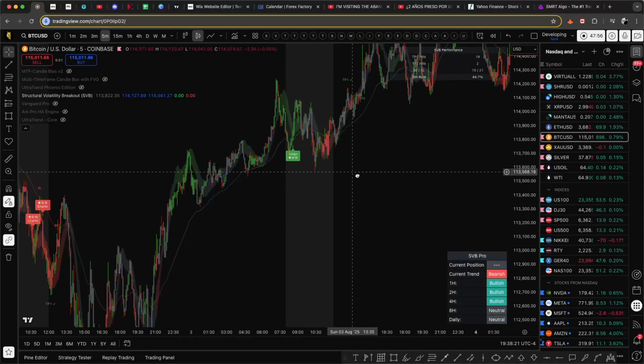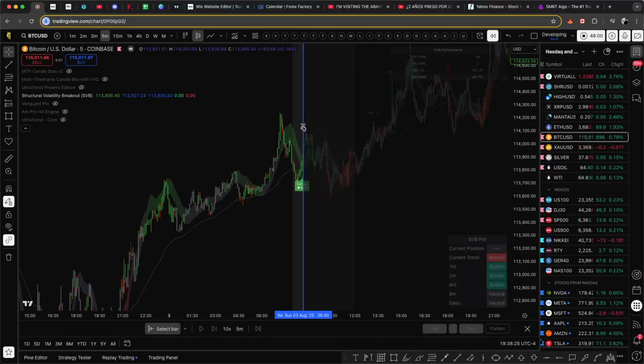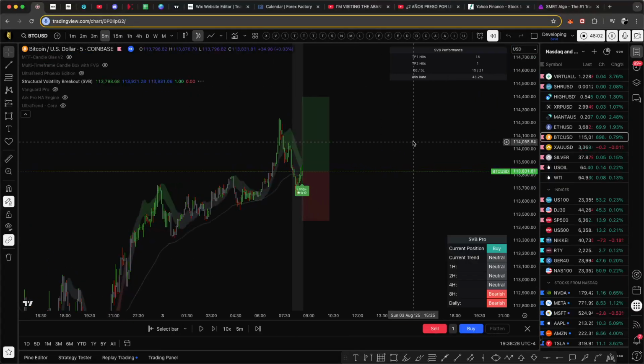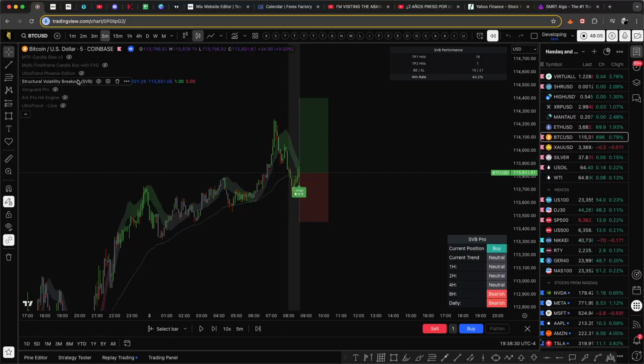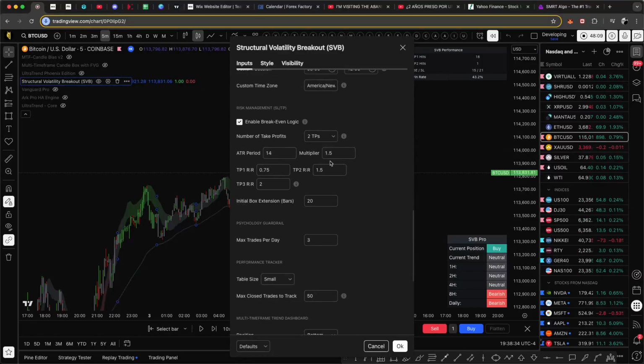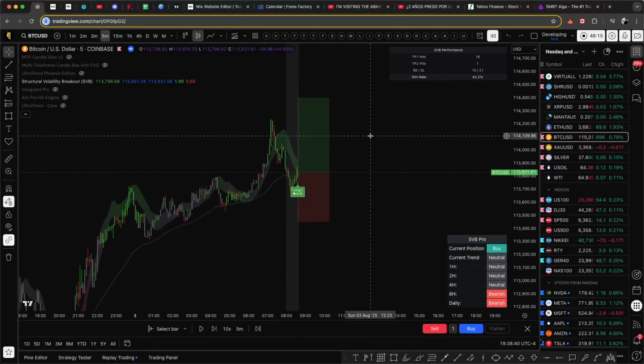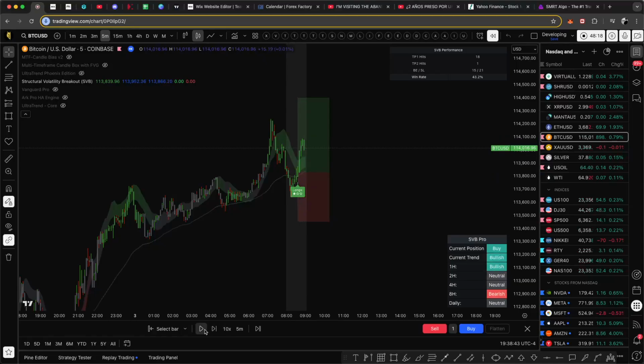Let's try to figure out what would be the multiplier for this one. So this one gave a position, right? So what is the multiplier that I'm using? I am using 1.5 and same target 1 to 1.5. I don't know if you guys trade Bitcoin like this as well, right?